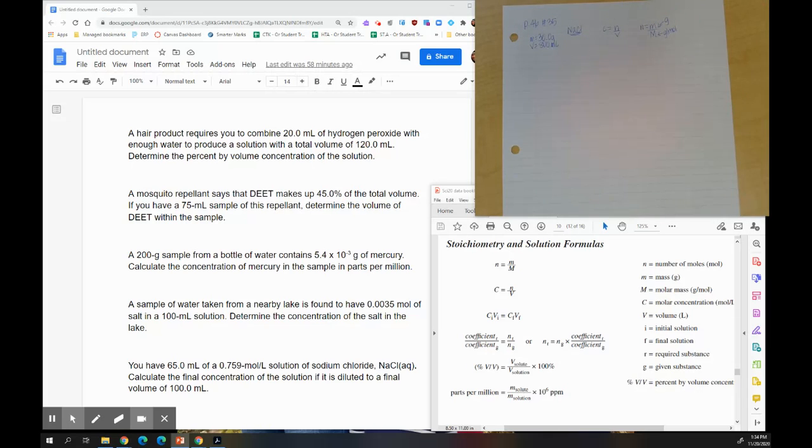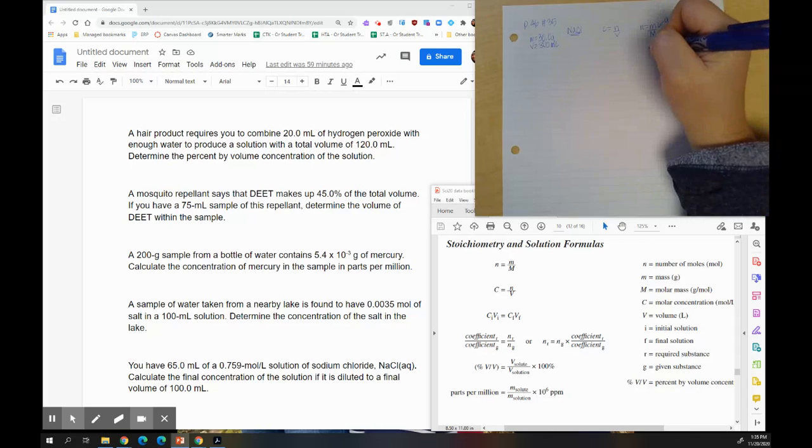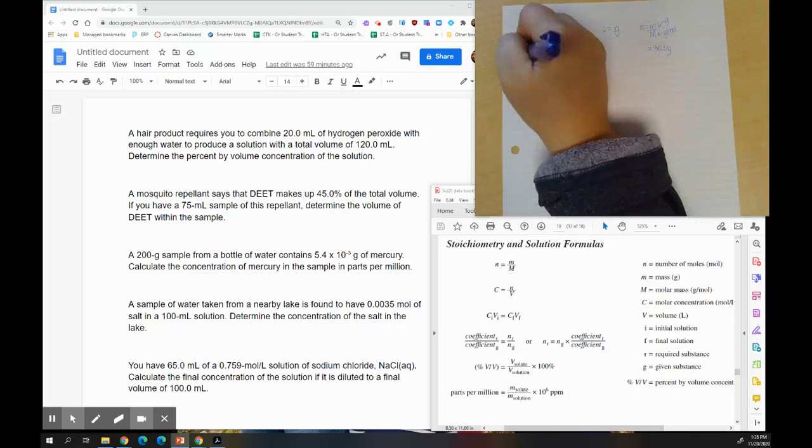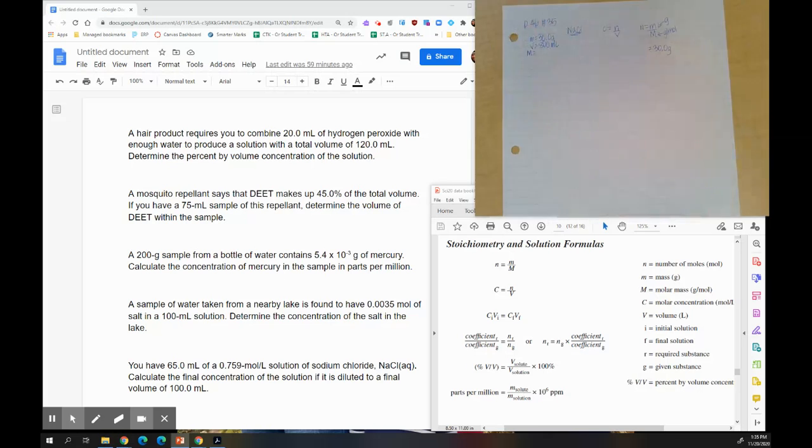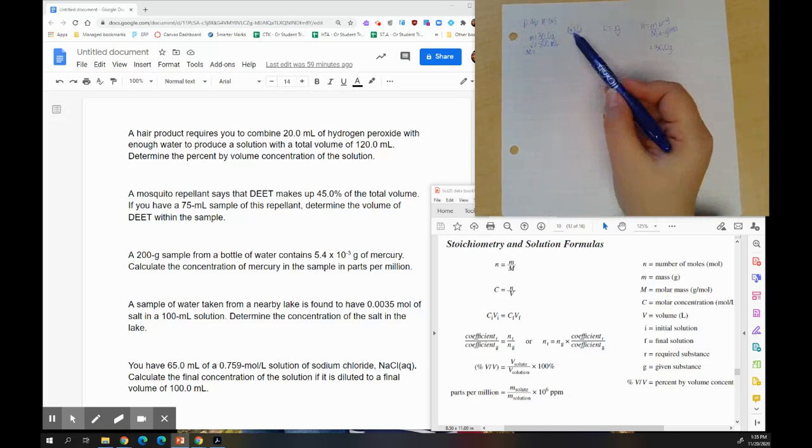So you'll need your periodic table for this question. For part A, we're going to figure out the number of moles, and we're just going to use this formula directly. Our mass is 30.0 grams. We'll do a side calculation for our molar mass. We're going to use the molar mass of sodium and the molar mass of chlorine.